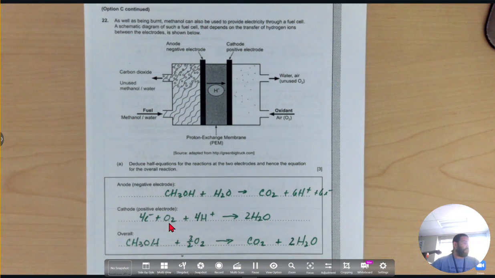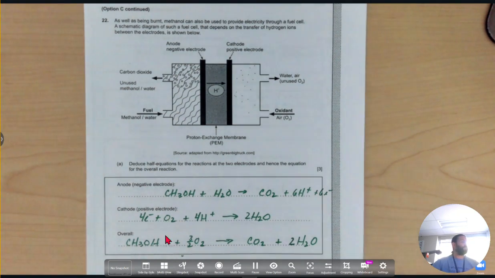So oxygen will react with the hydrogen ions passing through the proton exchange membrane to make water. All right, so when we balance, it was O2 plus H plus, but then I had to balance the thing.